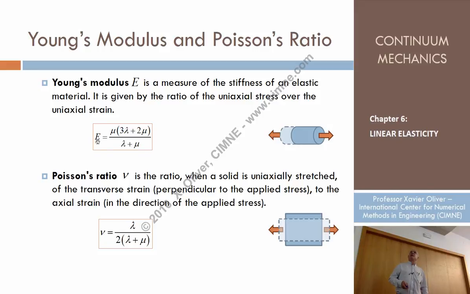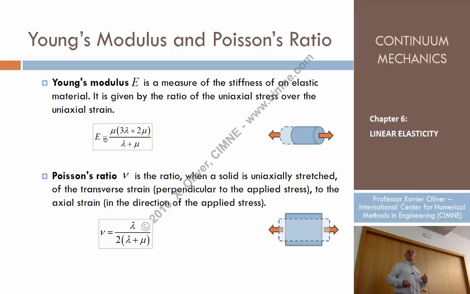So, in other words, now we are going to see it more clearly. If you have a large Young modulus and you apply a certain stress, the corresponding strain in the direction, so the unit elongation in the direction, is smaller if E is large and larger if E is small. Or in other words, to produce a certain strain, if we have a larger Young modulus, we have to place a large stress.